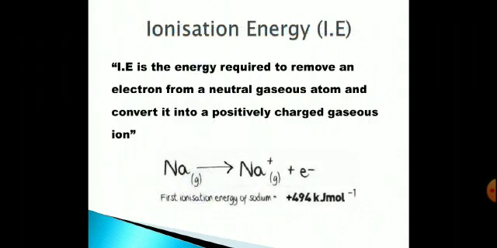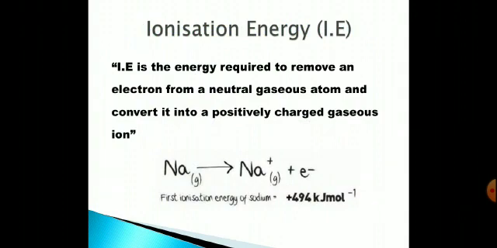Now let's move on to another periodic property, that is ionization energy. Ionization energy or ionization enthalpy can be abbreviated as IE. It can also be known as ionization potential. Ionization energy is the energy required to remove an electron from a neutral gaseous atom and convert it into a positively charged gaseous ion.